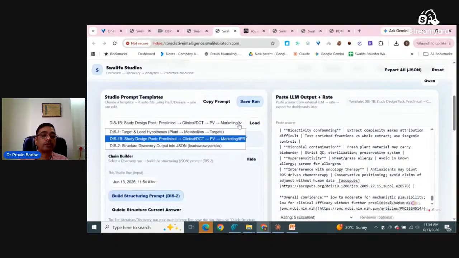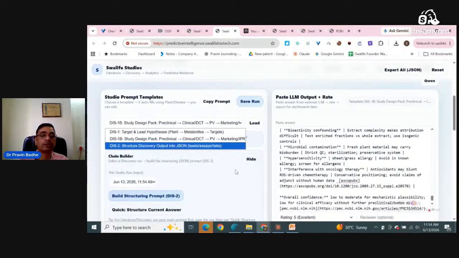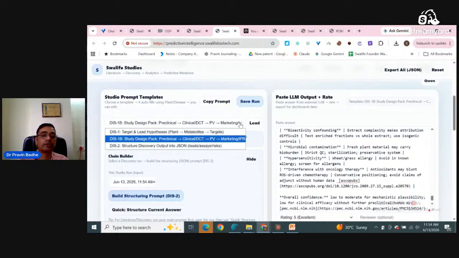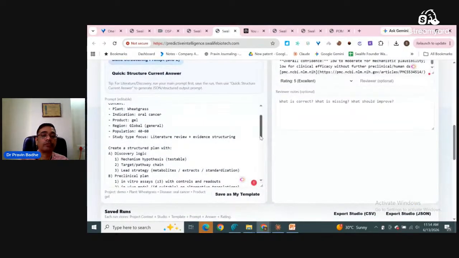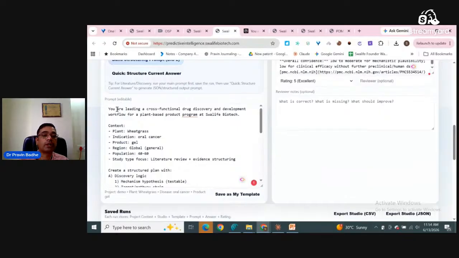Okay, no, it's not. So it has to be actually DST 1B, which is loaded, and it has to be run if you actually put the claim. So here again, it is leading a cross-functional drug discovery and development.